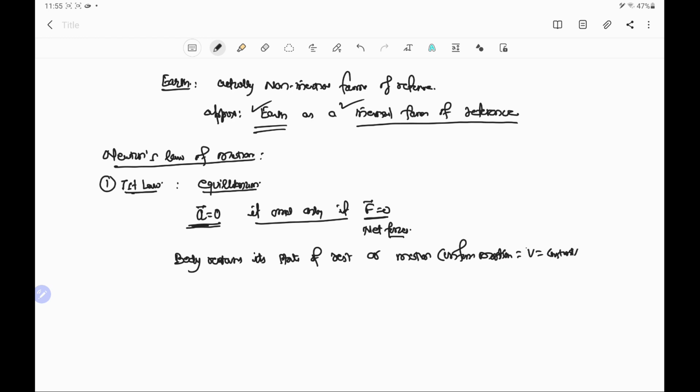That is a non-accelerated motion. A body retains its state of rest or uniform motion till the net force, the total force, is zero. That means forces are in equilibrium, the body is in equilibrium. In that condition, we say acceleration is zero. This is the first law of motion.